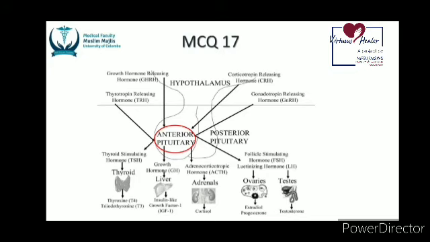And the secretion of these hormones is under the control of the hypothalamus that is located above the pituitary gland. The human growth hormone is synthesized and released by the anterior pituitary. So now we can say that this statement is true.